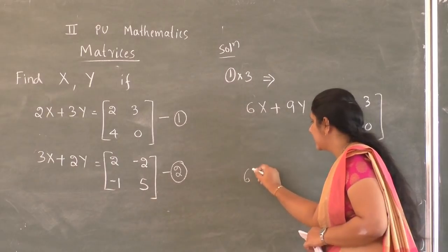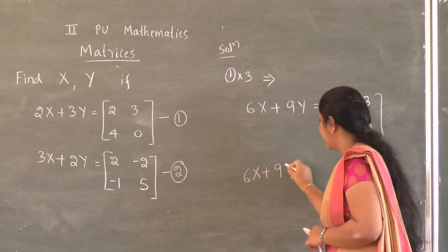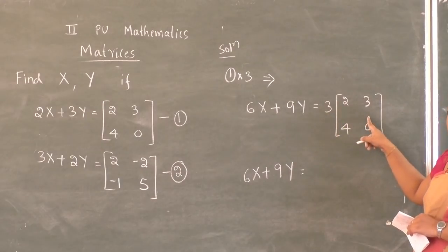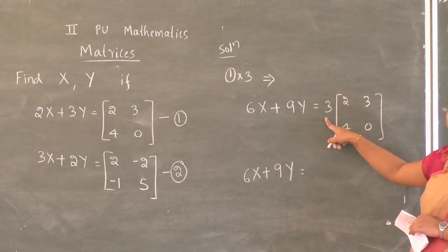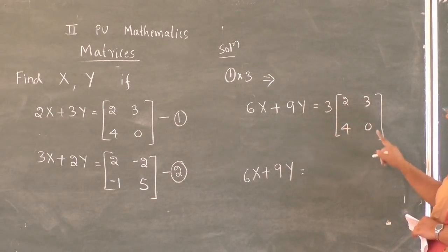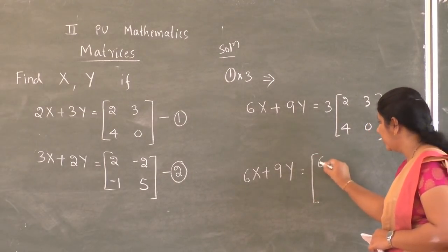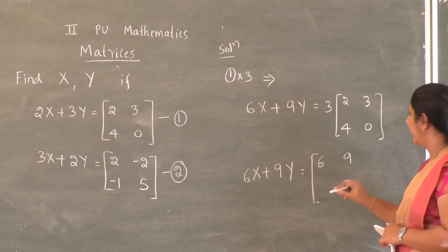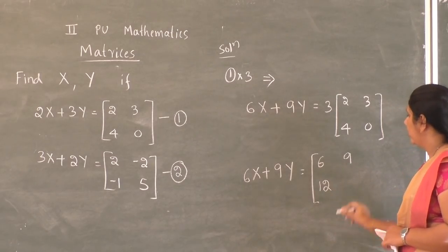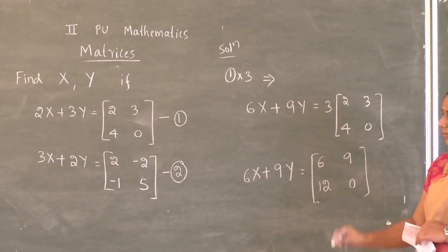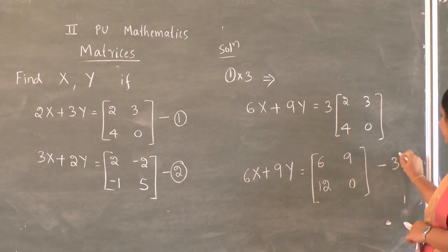Here it is a scalar multiplication, that is you have to multiply 3 to each and every element of this matrix: 3 into 2 is 6, 3 into 3 is 9, 3 into 4 is 12 and 3 into 0 is 0. Now take this as equation 3.